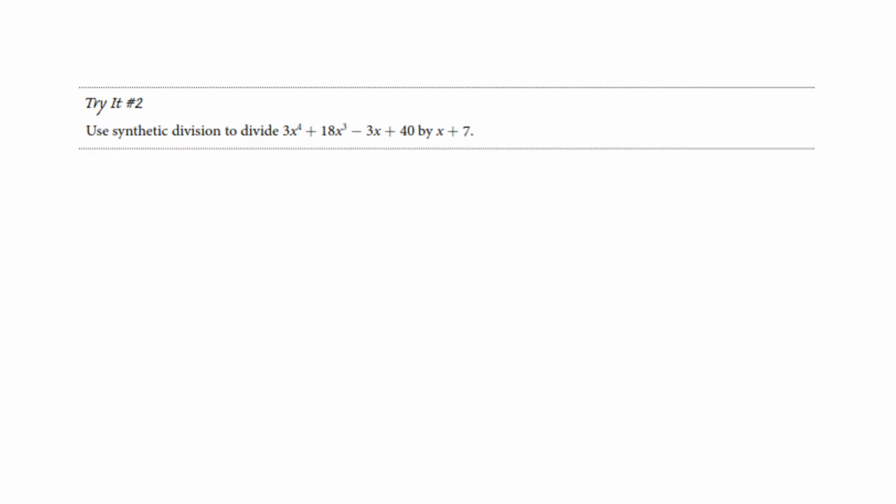I think this is the last one, so I really recommend you pause the video and try it. Just notice here that there's nothing in the x squared place, so you have to put a placeholder. I'm dividing by the root, which is -7. So I've got 3, 18, 0, -3, and 40. Let's begin. We bring down the first one. -7 times 3 is -21.